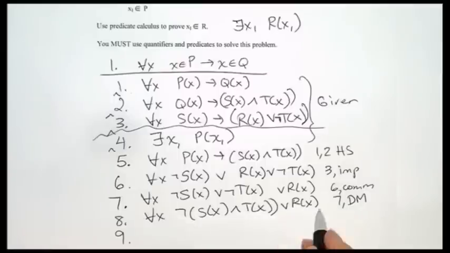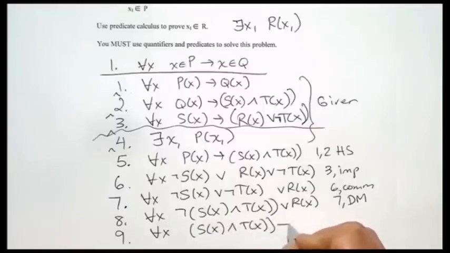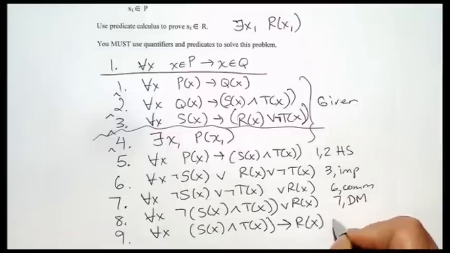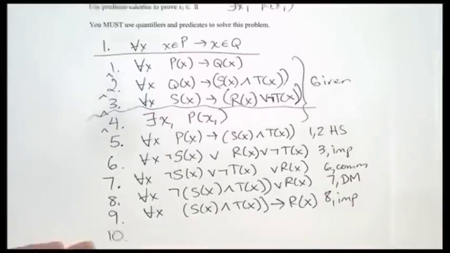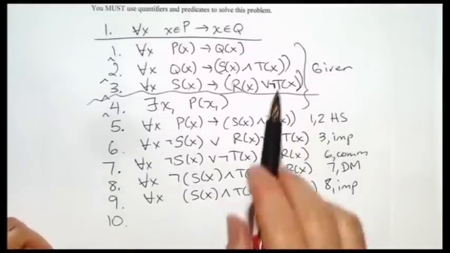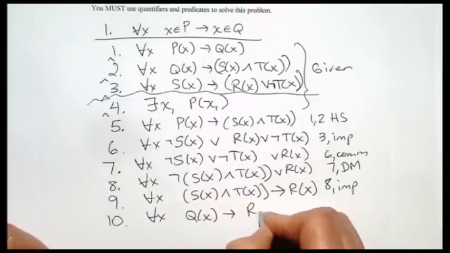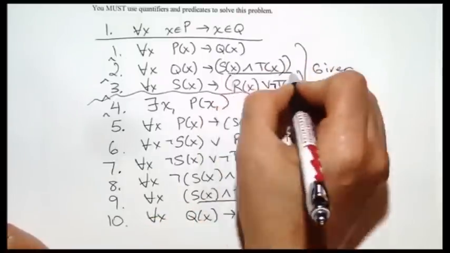And once I have that, that looks suspiciously like an implication. And once I have S of X and T of X, I can get for all X, Q of X implies R of X because that S of X and T of X overlaps.